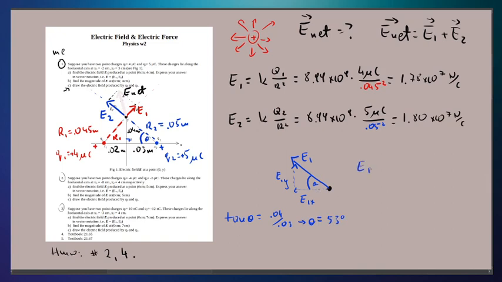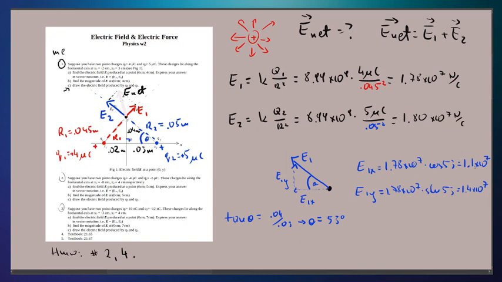So E1x is going to be 1.78 times 10 to the 7th times cosine of 53. We'll figure this out. E1y is going to be 1.78 times 10 to the 7th times the sine of 53. All right, so let's get these two.